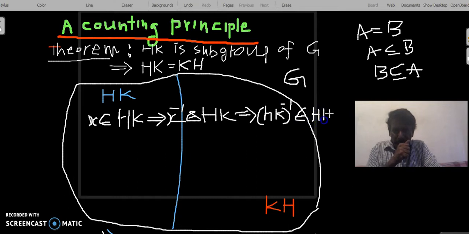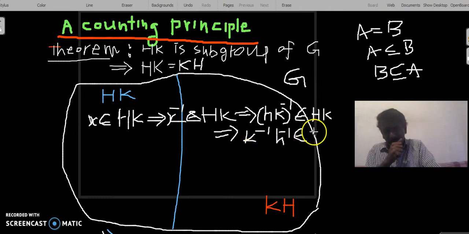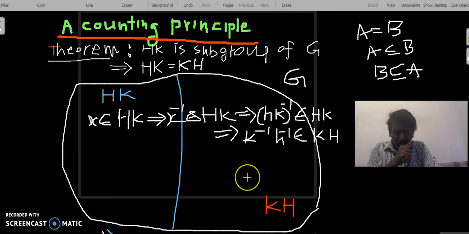But from the subgroup definition or from the lemma, we know that this (hk) inverse is exactly equal to k inverse into h inverse. But k inverse h inverse belongs to which set? K is first, H is second. So it belongs to KH.